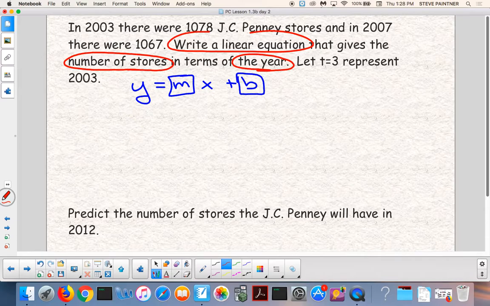So what replaced what? Yeah, the number of stores should equal the slope times X. What's X? The year. But the year is back here, isn't it? They let T represent year. So we're going to say T is X. Okay, so you're going to get this. Stores equal something times T plus B. Figure out the slope, figure out the y-intercept.